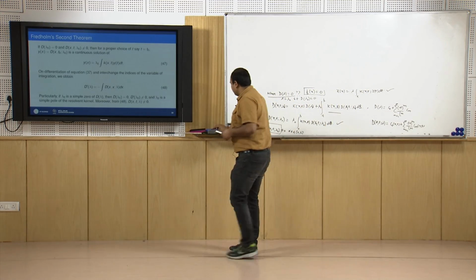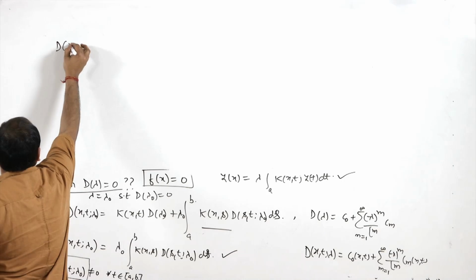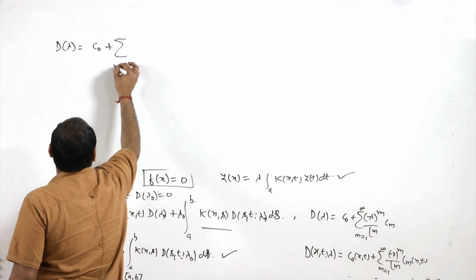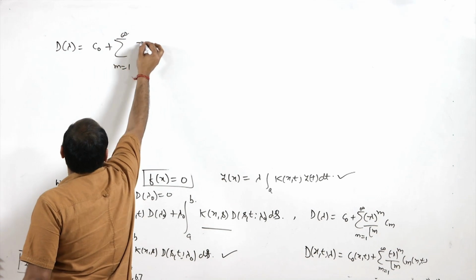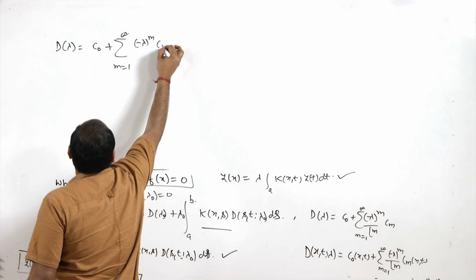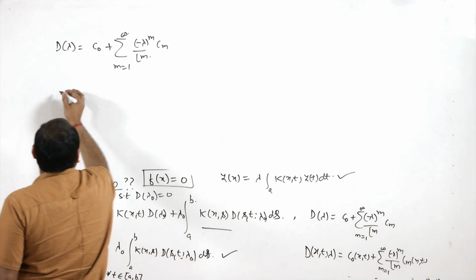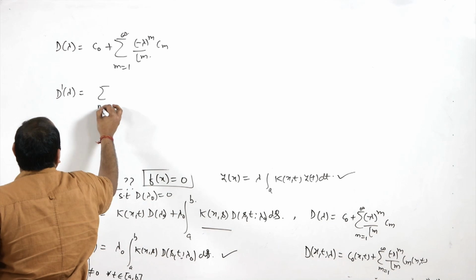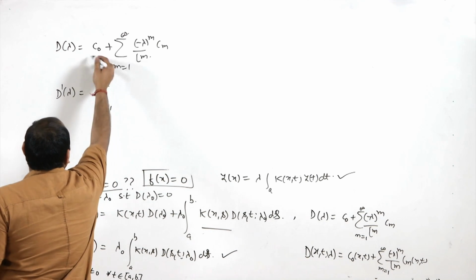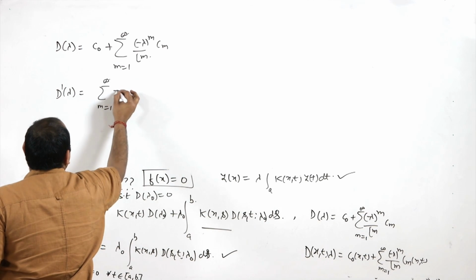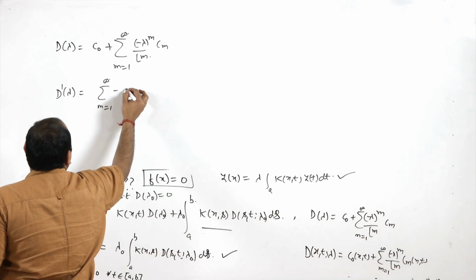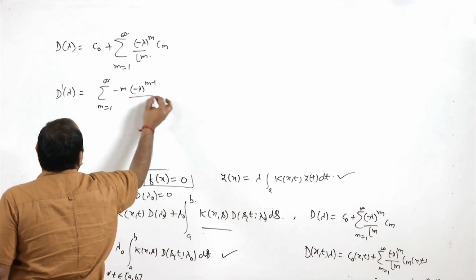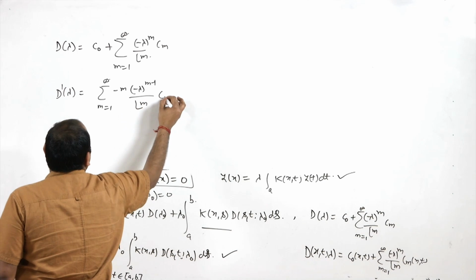So here we have D lambda, that is small c naught plus summation m equal to 1 to infinity minus lambda to power m, small c m upon factorial m. So if we differentiate, D dash lambda, you will get minus summation m equal to 1 to infinity, this part simply vanishes, minus lambda to power m minus 1 upon factorial m, and c m.